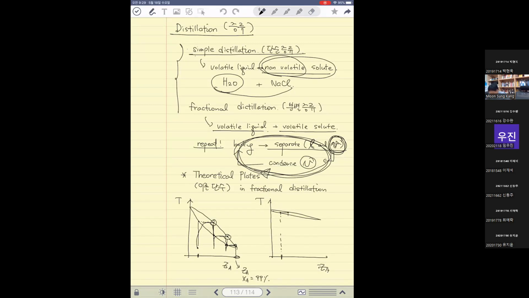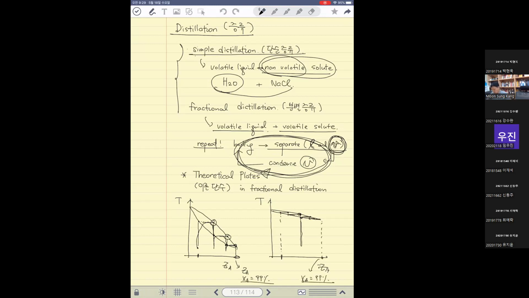I cool this down. I have liquid and vapor again. I separate the vapor phase, cool this down, boil it, separate the vapor phase, cool it down, and let's say I do this 5 times and reach this composition where I have XA being equal to 99%.